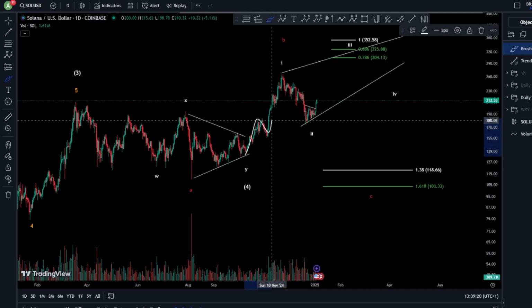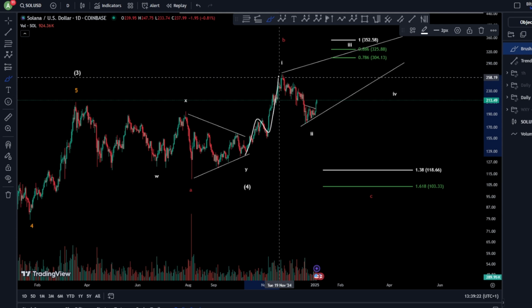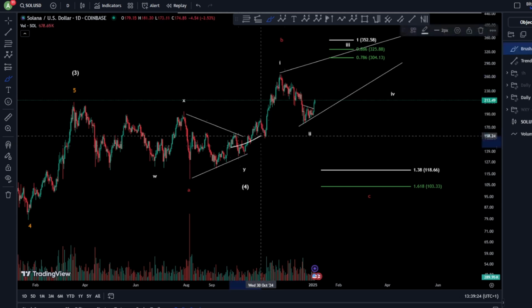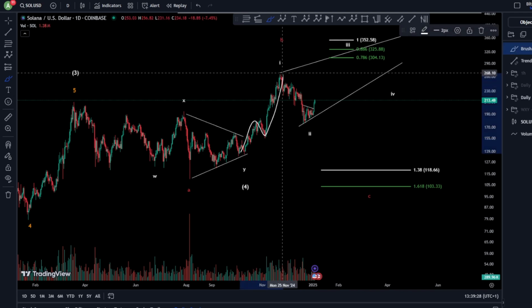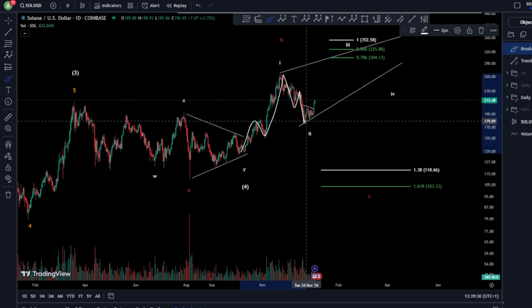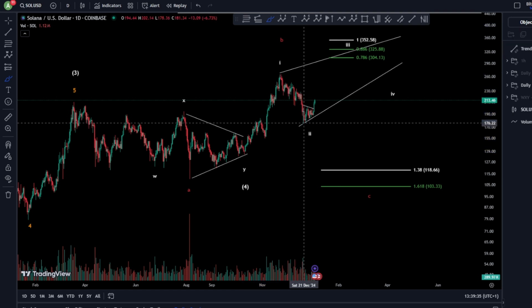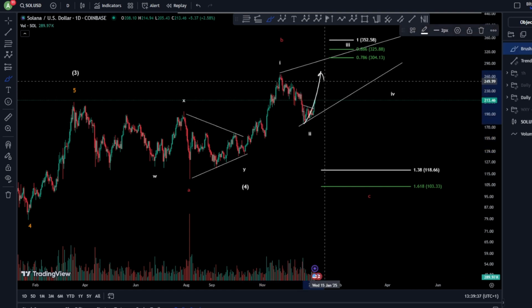By all means, this has turned into an A, B, C, and the only way to be bullish and continue for a wave 5 for this cycle is with an A, B, and a C. We have another A, B, C here for a wave 2, probably finished as expected, and then start to move towards the upside.